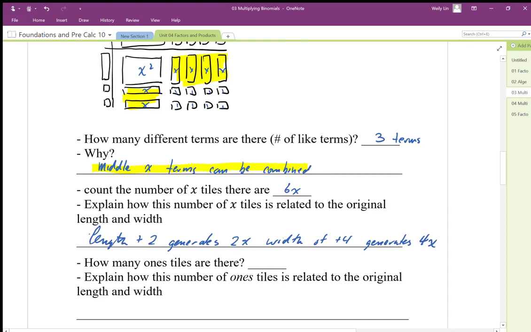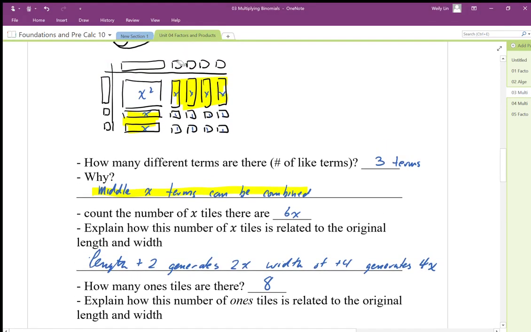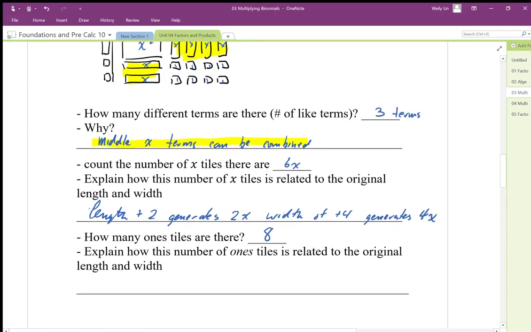For the ones tiles, we can see that there's going to be 8 tiles there. Okay, 8 ones tiles, and the number of ones tiles is really going to be also related to these ones here and here along the length and width. The number of ones tiles is the product of the ones along the length and width.